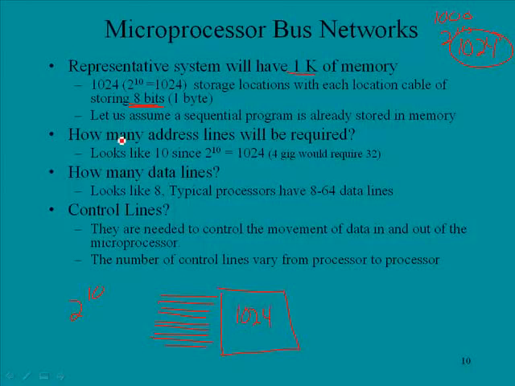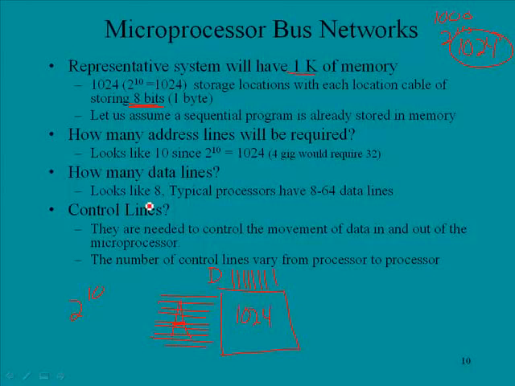So this answers this. Okay, how many data lines? Now, since we just have an 8-bit system, we'll just need to have 1, 2, 3, 4, 5, 6, 7, 8. So we'll have our 8 lines, and this is where the actual data is going to be moved in and out of our memory, via these data lines. Remember, the address lines are addressing where the memory is, and then the data up here, this is the actual data that's being moved in and out of memory.